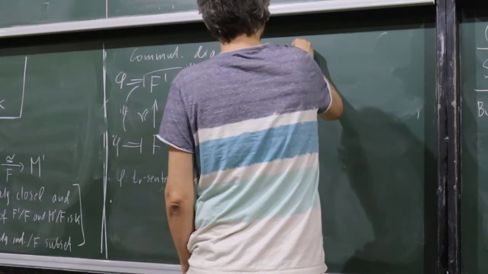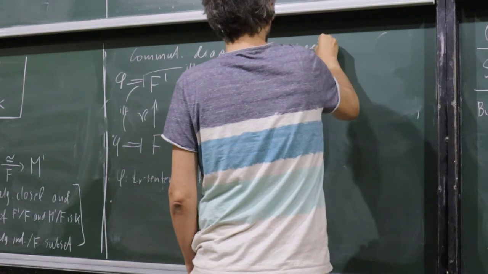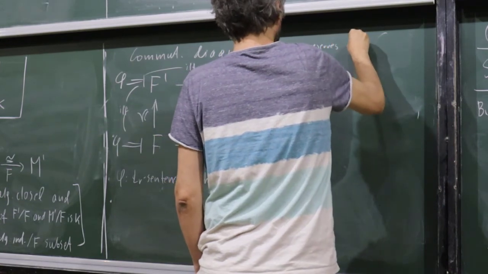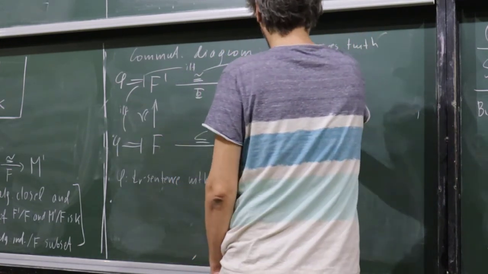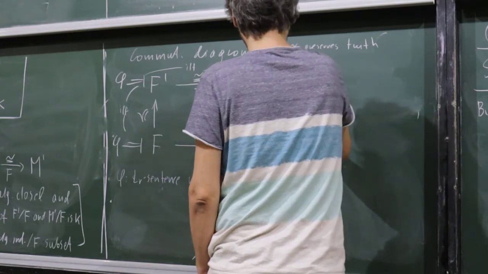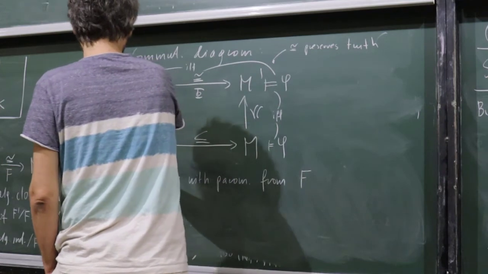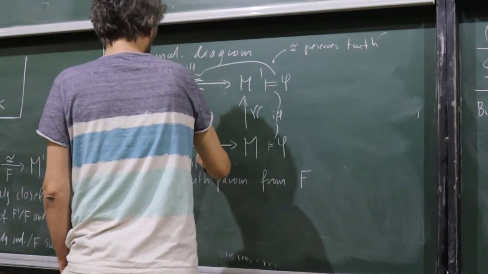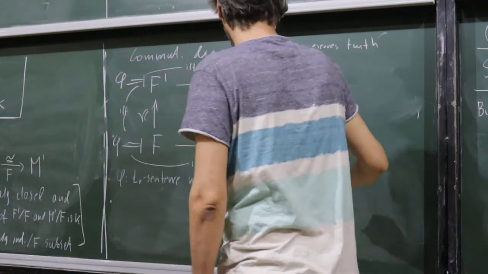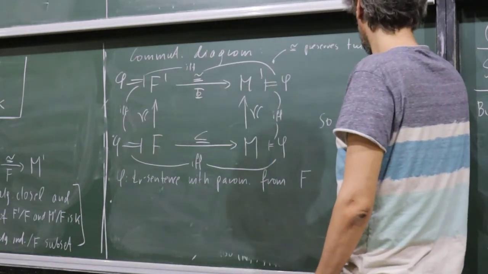So this isomorphism preserves the truth. And then again, we get this is true here if and only if it is true here.